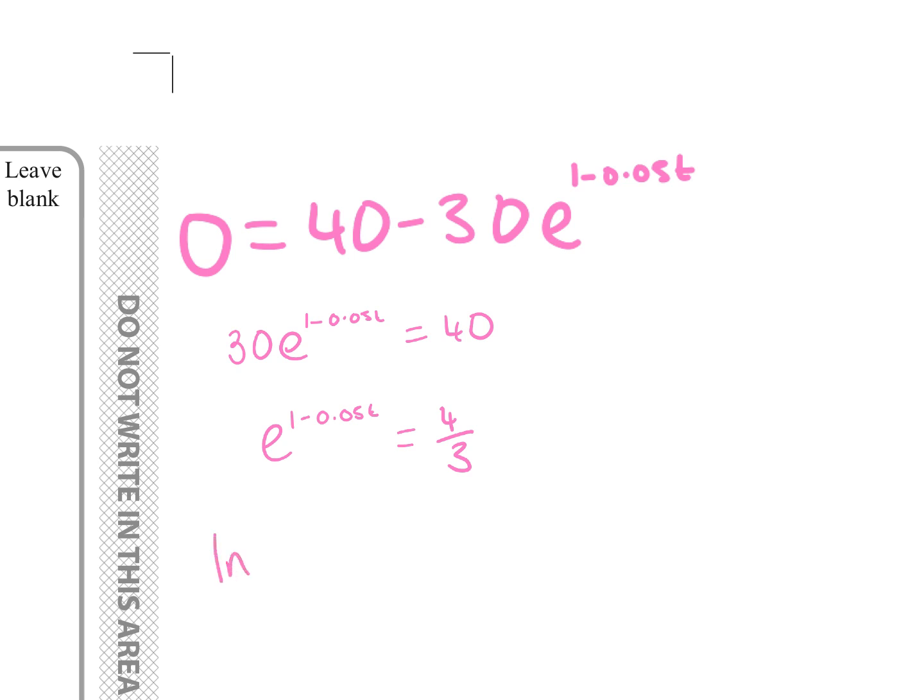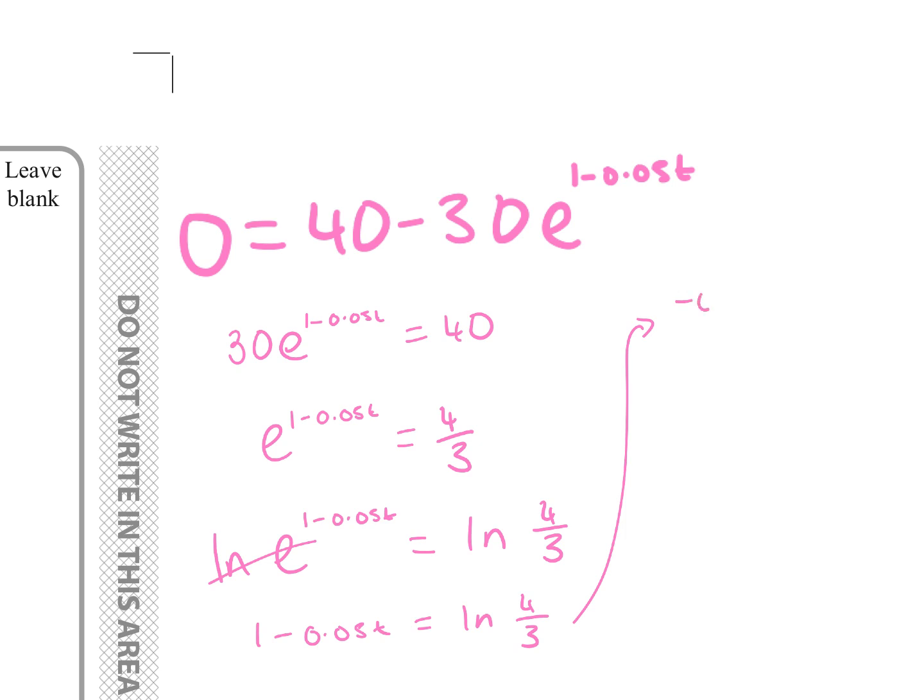So I get ln of e to the 1 minus 0.05t equals ln of 4 over 3. We know that these are going to cancel, so I'm going to have 1 minus 0.05t equals ln of 4 over 3. I'm going to take away 1 from both sides. So minus 0.05t equals ln 4 over 3 minus 1. Divide both sides by minus 0.05, and then this leaves me t.